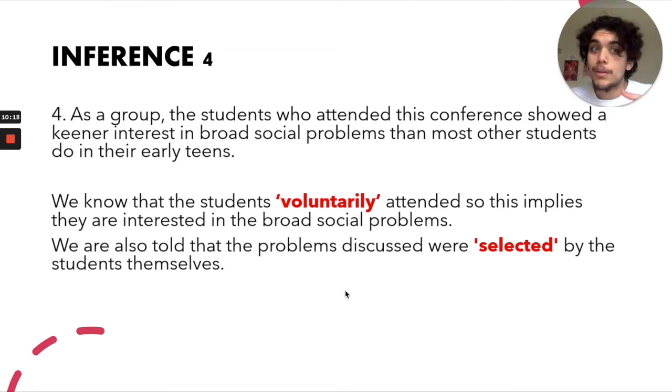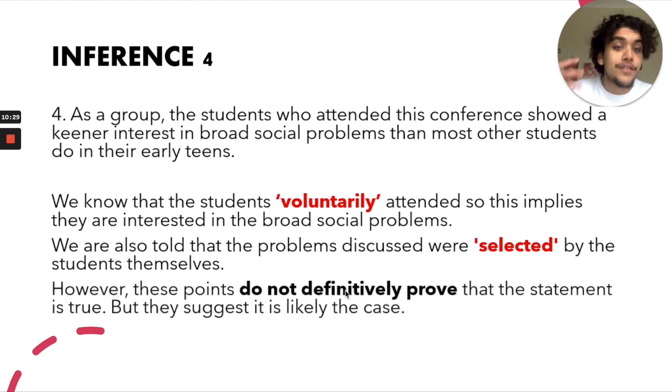So coupled with voluntarily and the problems being selected, it definitely does seem that they do have a keen interest. However, they do not definitively prove that the statement is true, but as I said for the previous example, there's a suggestion that it is likely the case.